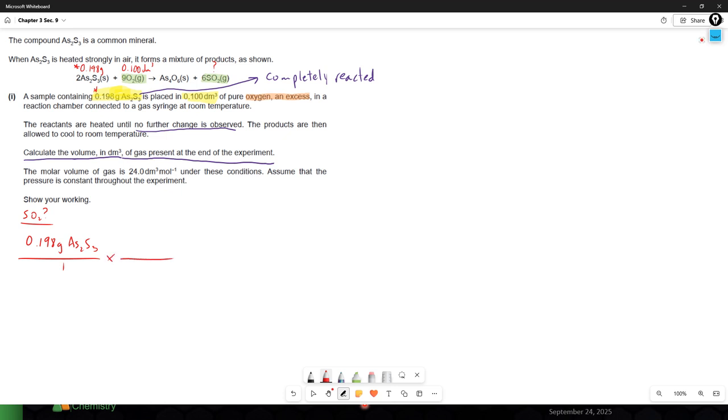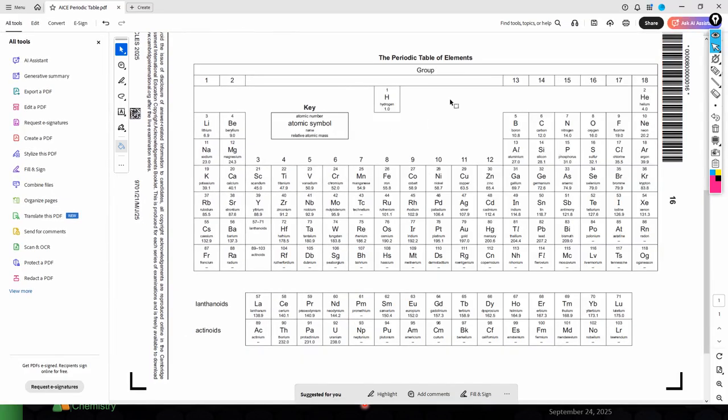Obviously, the first thing we want to do is transform this into moles, because we never want to work with grams. We always want to work with moles. So we're going to need the molar mass here. So I'll bring over my periodic table. I'll write it up here so it carries over to the back end. So we have As2S3. Molar mass of As here is 74.9.